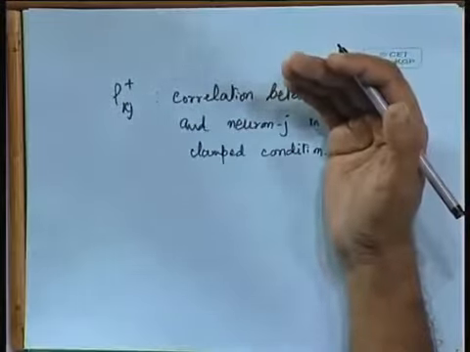If both of them are +1, it is correlated. If both of them are -1, then also it is correlated. But if one is +1 and another is -1, it is uncorrelated. So what is the measure of correlation? You simply multiply their states. If the multiplication gives you +1, then it is correlated. If it gives you -1, it is uncorrelated.